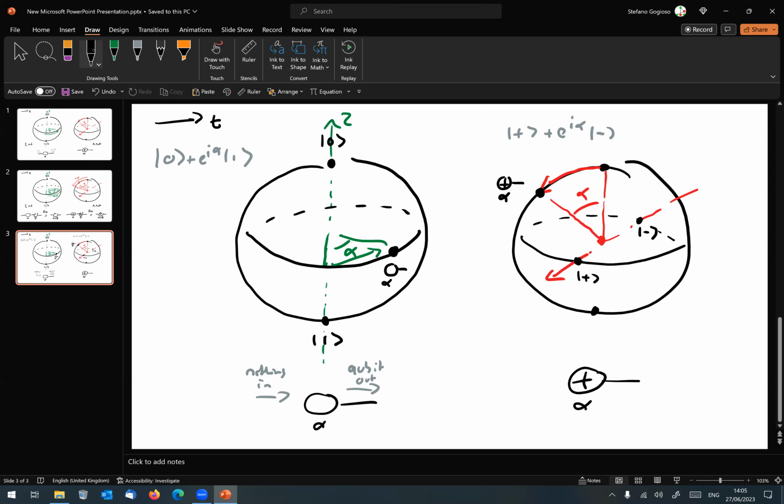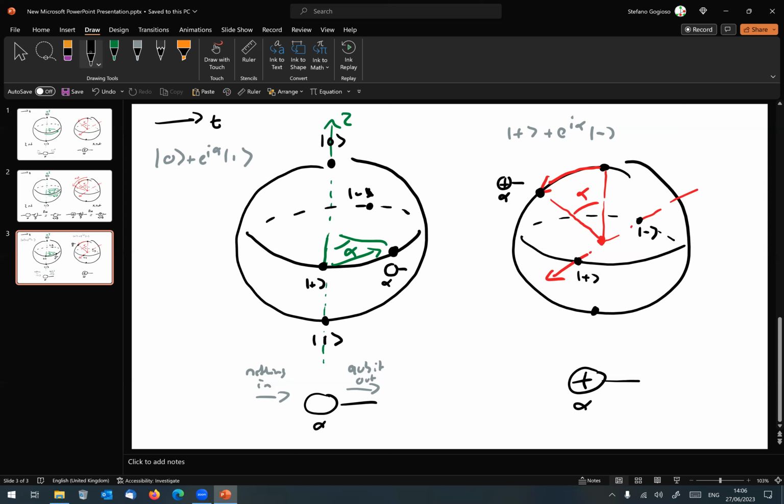But before we do so, why did I use this notation? Why did I decide that the same notation that I use for the rotations, innocent enough, is also a good notation to use for the states? And in particular, why is it that I picked states such as plus and minus? So this would be plus, this would be minus.